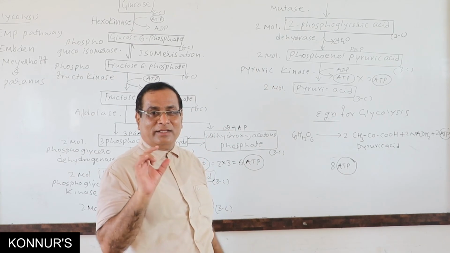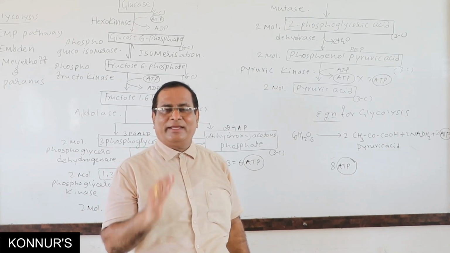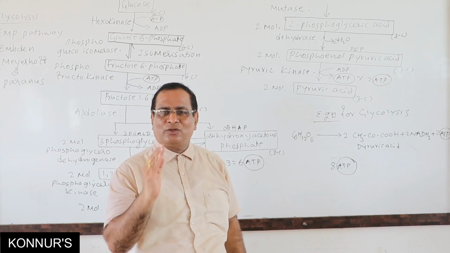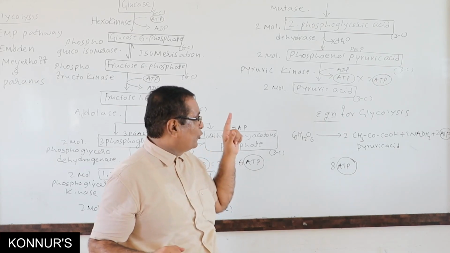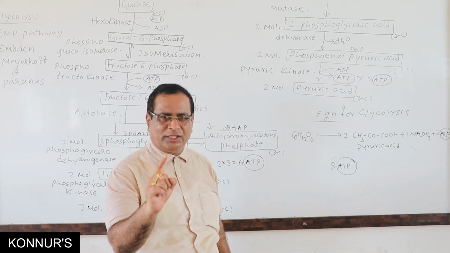Remember, this is an exceptional case, and I have already mentioned that exceptional cases are NEET questions. So 2-phosphoglyceric acid has 3 carbons but not 2 carbons.